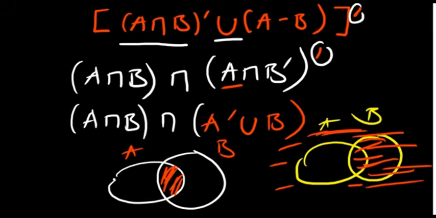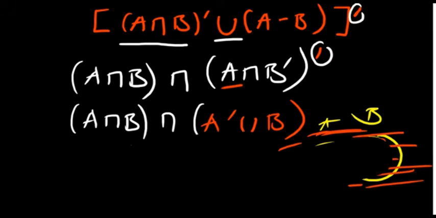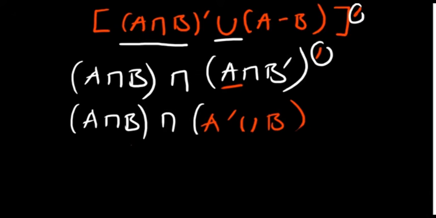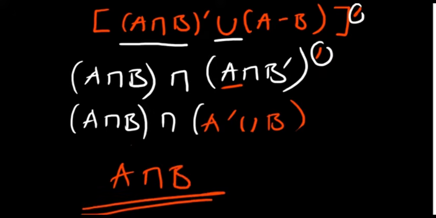You agree with me that the common region is just this part, which is A intersection B. So that becomes our solution: A intersection B.